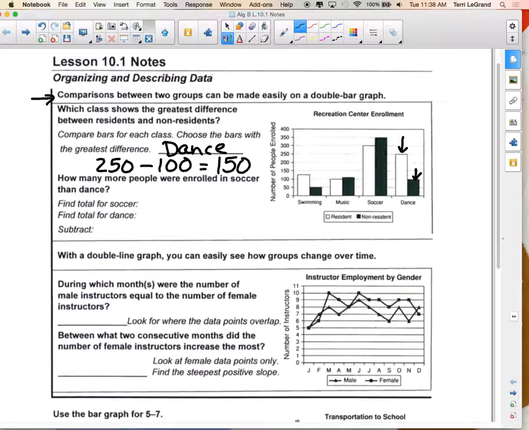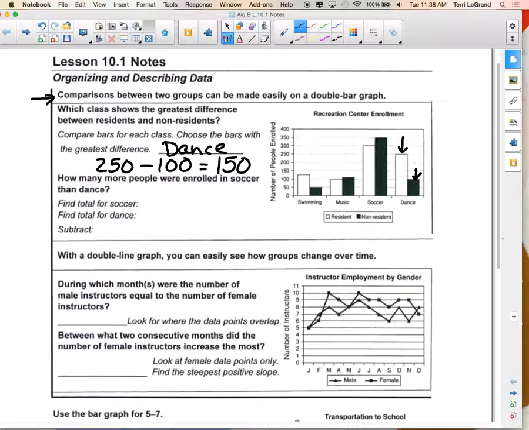And when you do a quick run through of the other ones without writing it down, what's the difference between the residents and non-residents for swimming? Look on your papers, don't try and look up here. About how many more residents than non-residents are enrolled in swimming? 75.